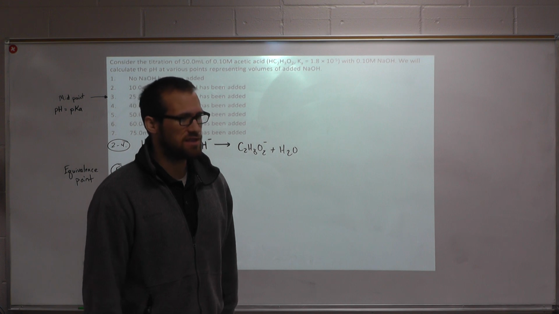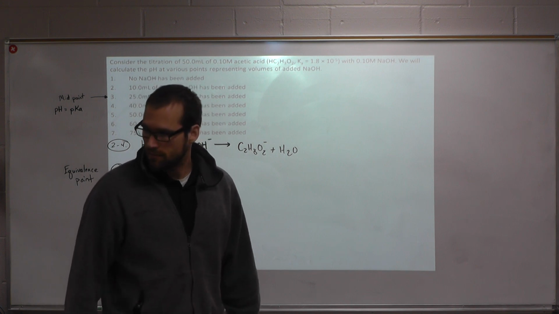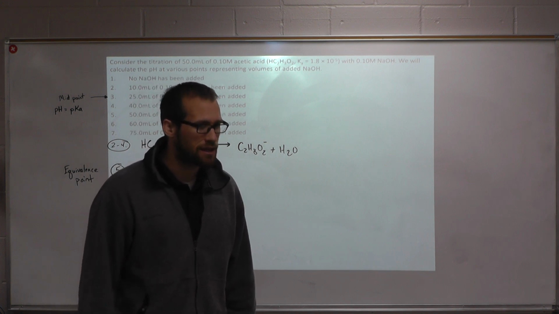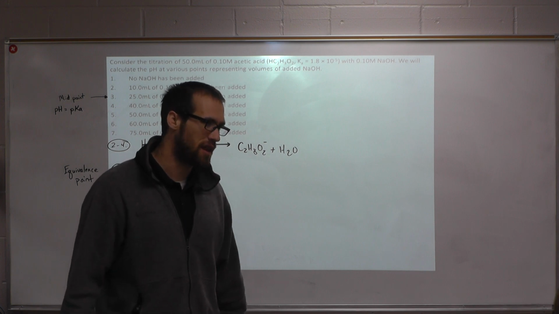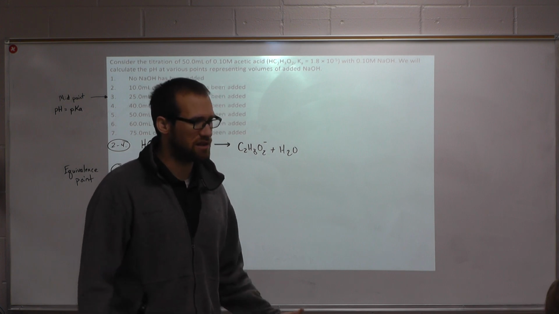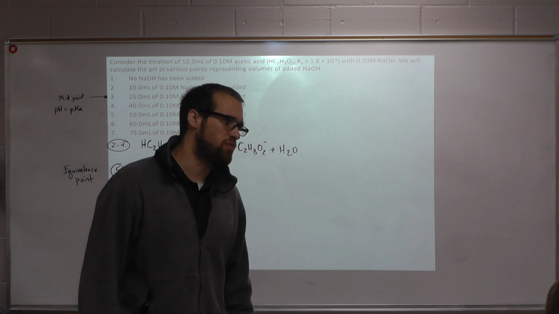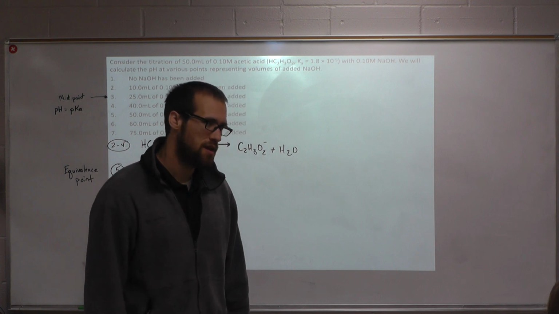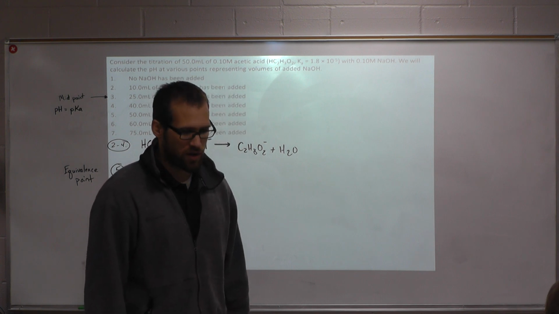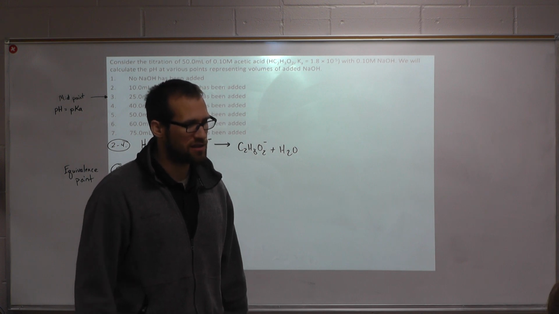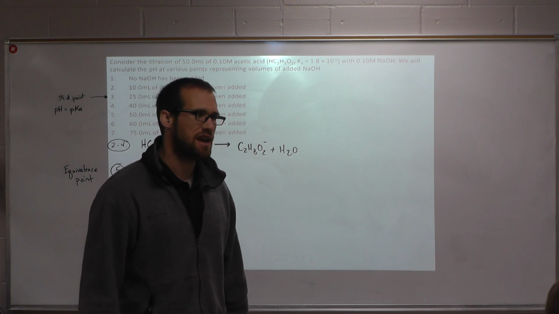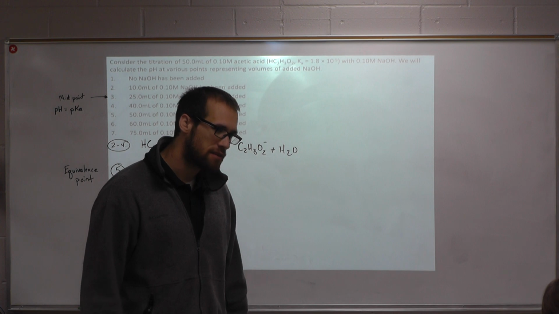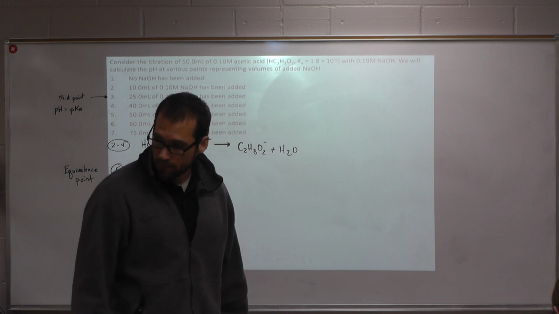Yep, when you've neutralized your initial acid or base that you had at the beginning. So in this case, I have acid at the beginning. When I have completely reacted all of that acid, I am said to be at my equivalence point. Okay? Now, for a weak acid or a weak base titration, this is not a pH of 7. And I'll show you why.